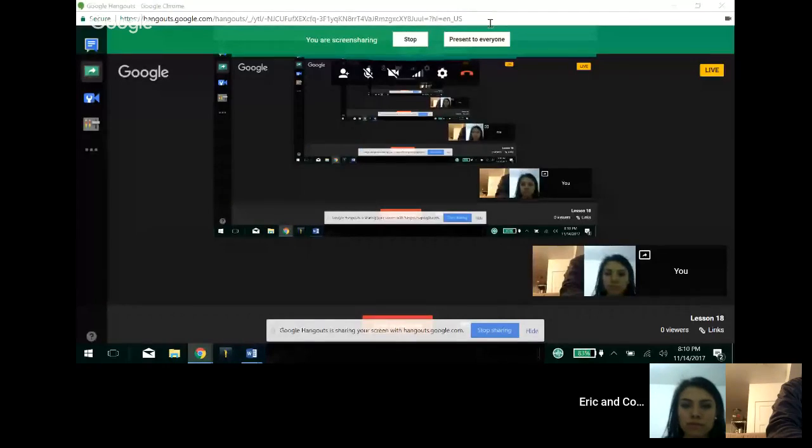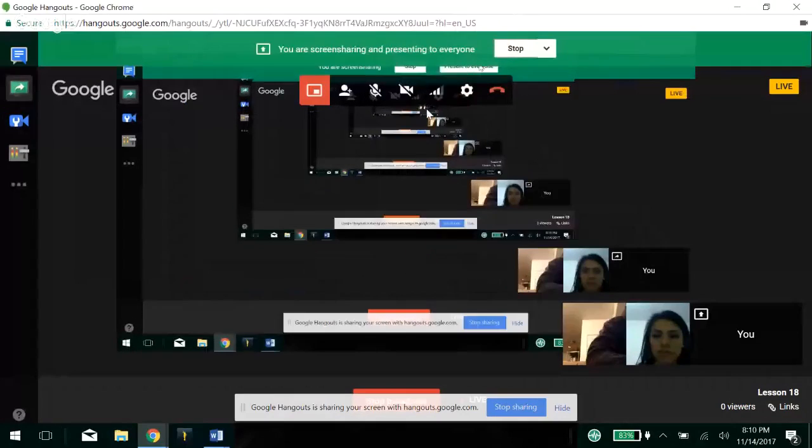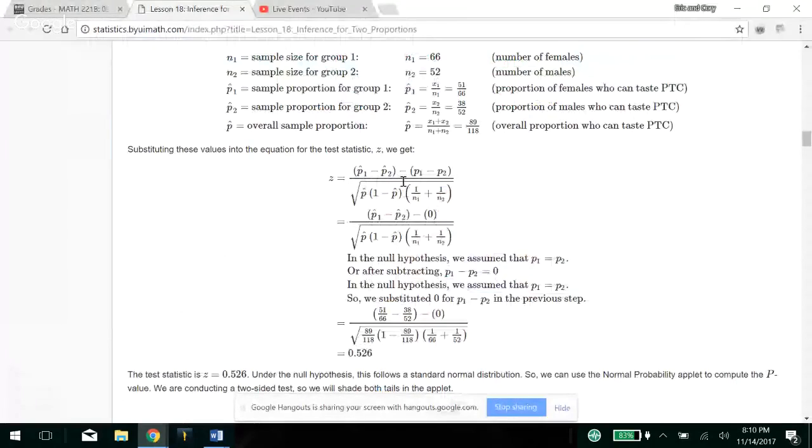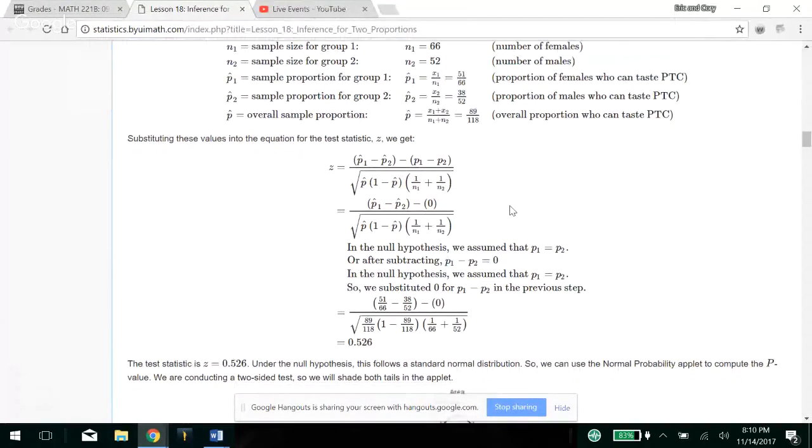I have it in the book right now, so let me share my screen. Okay, so right here, in the null hypothesis, we assume that P1 equals P2. So subtracting P2 from P1 equals 0.